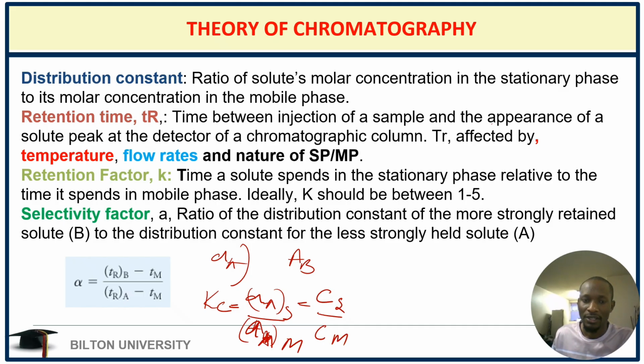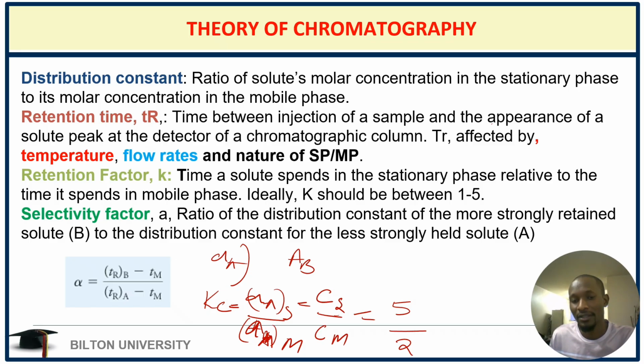Now, the distribution constant can tell us something, so we can go ahead and calculate the concentration distribution constant. Let's say the molar concentration of the solute in the stationary phase is 5, for example, and in the mobile phase it is 2 molar.